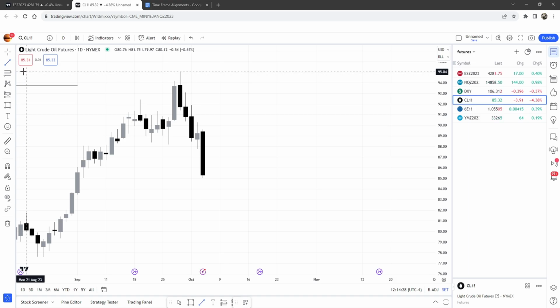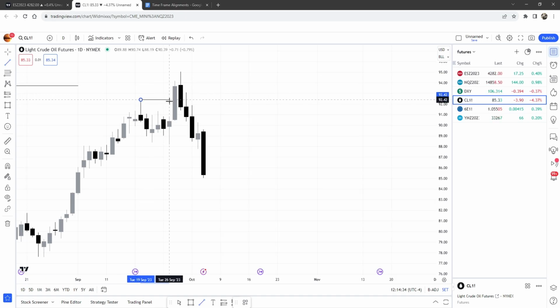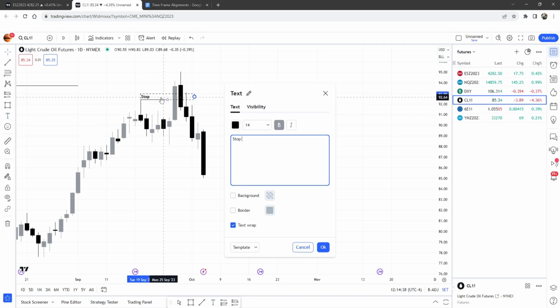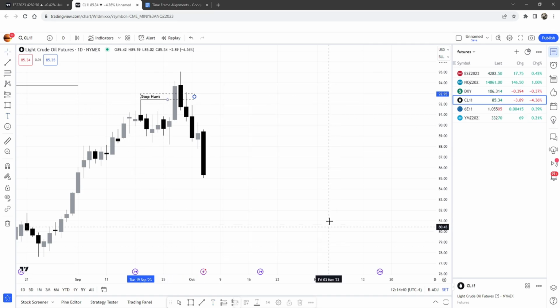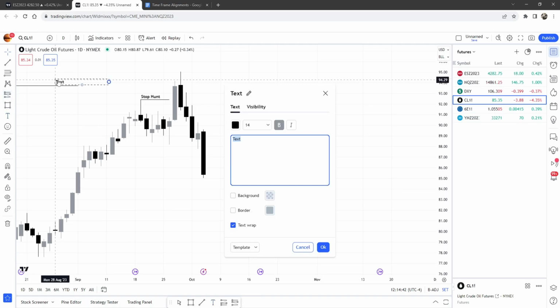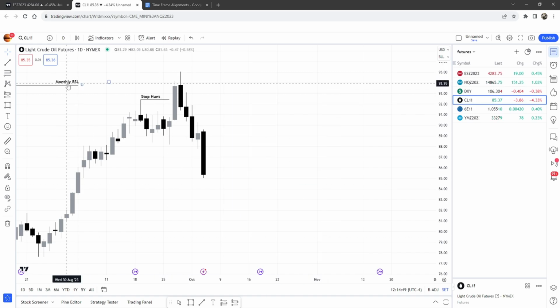And then we'll explain where the draw on liquidity comes into the conversation. So we are always looking for a stop hunt into our higher time frame level of liquidity. As you can see, we get a swing high here, and it's a defined swing high because it has lower highs on each side of it.